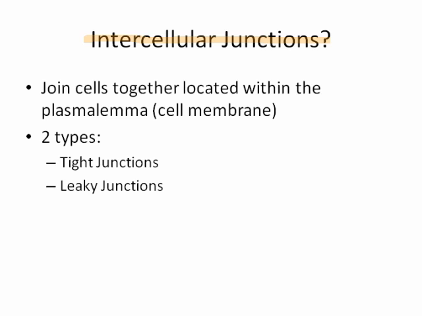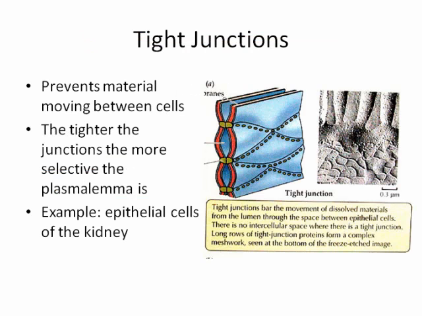There are two types that we have: one that prohibits communication, and one that encourages intercellular communication. So you will see here, tight junctions is going to be the type of connection that is going to restrict or prohibit intercellular communication, while leaky junctions are definitely going to encourage communication.